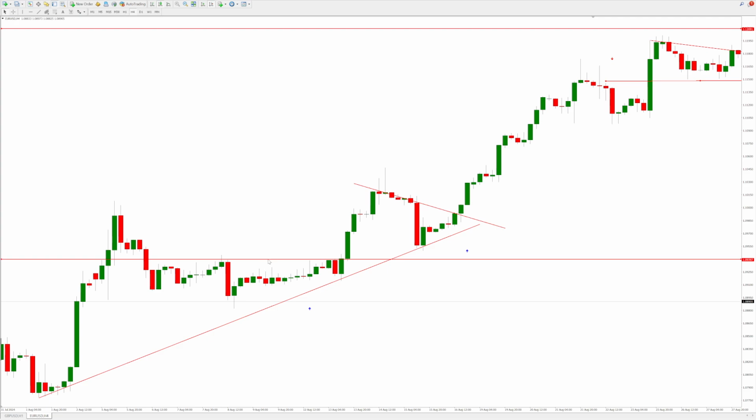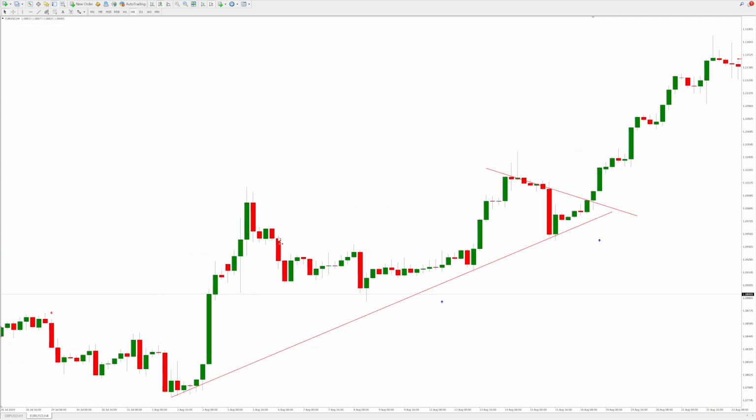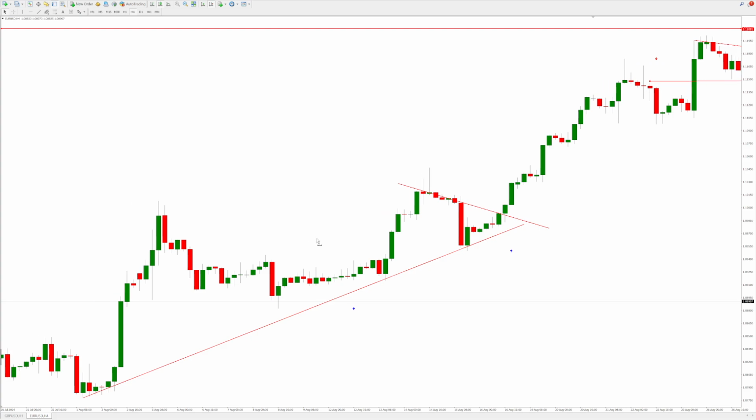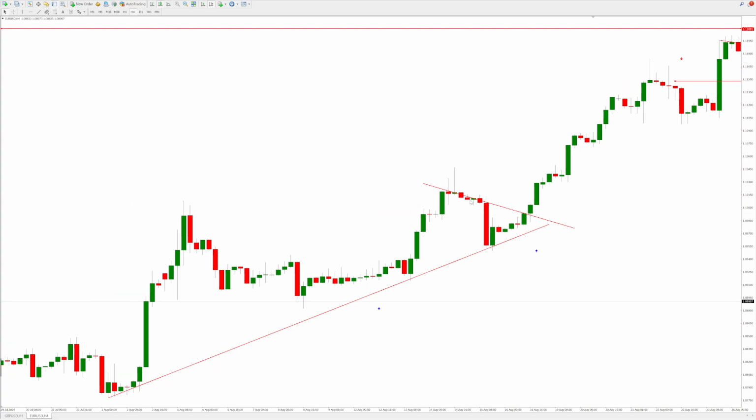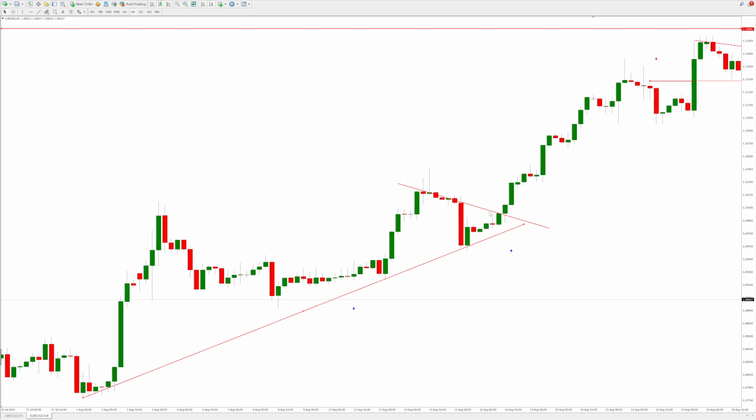One thing I'm going to criticize about this indicator is that I think it's good to encourage traders to draw their own levels of support, resistance, and trend lines. That's telling you there's an uptrend, but your eyes can tell you there's an uptrend there.